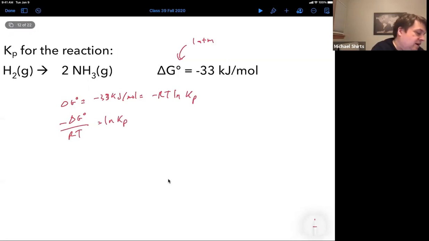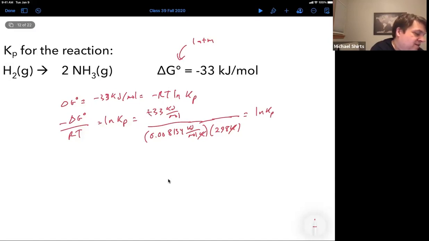And so this would be minus 33 kilojoules per mole divided by 0.008314 kilojoules per mole Kelvin and 298 Kelvin. And so now we've got kilojoules per mole on the top and the bottom. And remember, this is minus delta G, so that's a plus there.